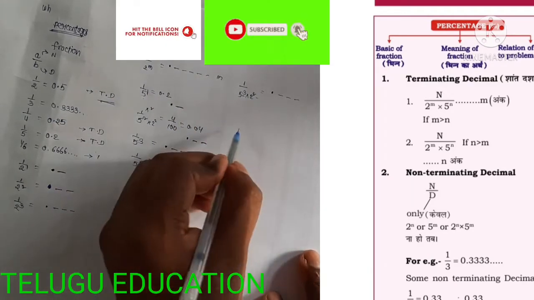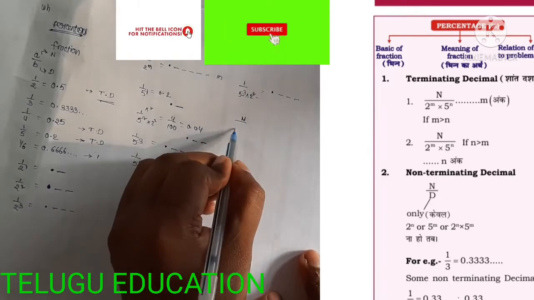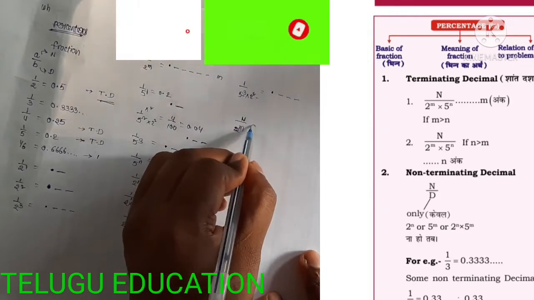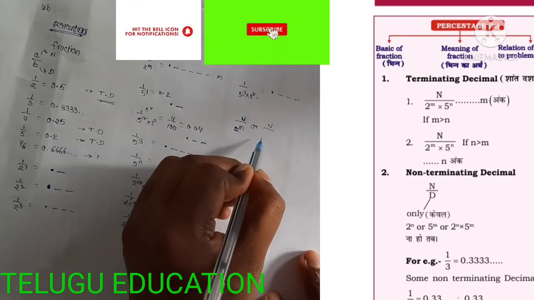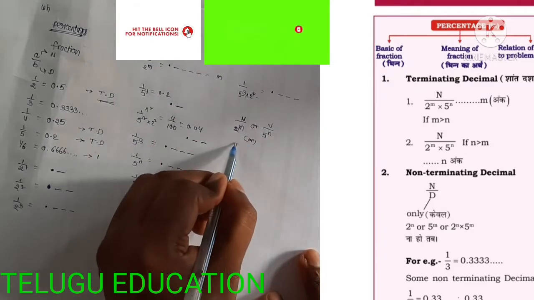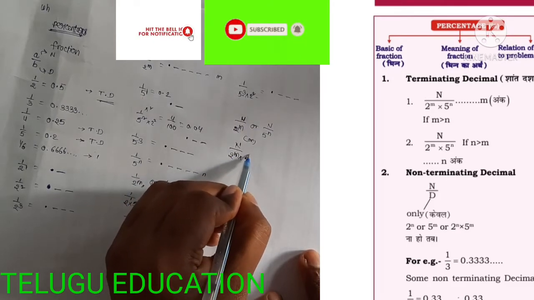Okay. So the number is of the form, with any numerator, n by 2 power m, or n by 5 power n, or n by the product of 2 power m into 5 power n.